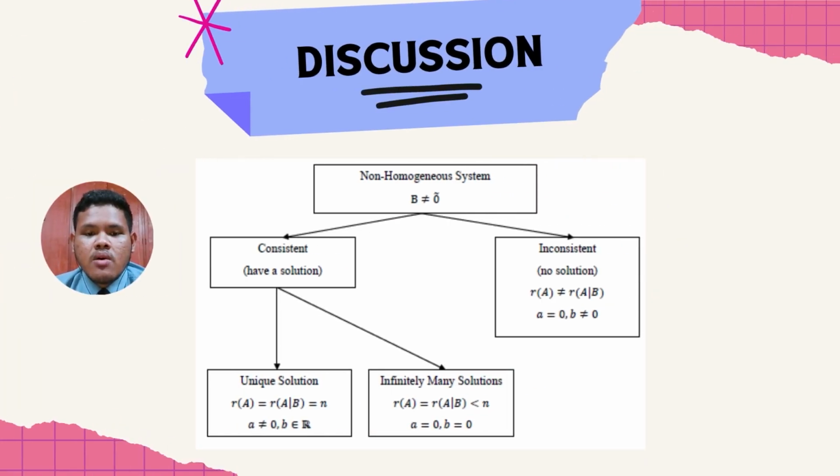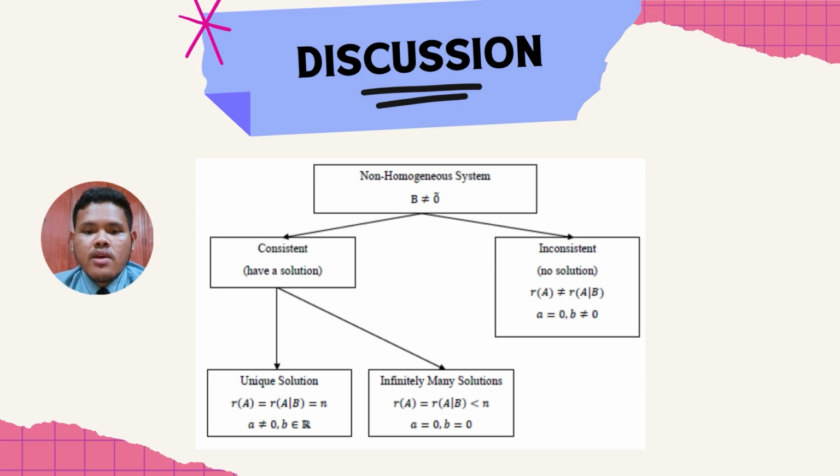Discussion. In a non-homogeneous system, we can classify the system into two classes. The first one is consistent, which has a solution, while the other one is inconsistent, which doesn't have any solution. Consistent can also be classified into two classes, unique solution and many solutions.